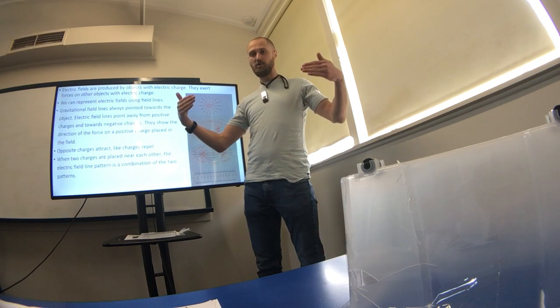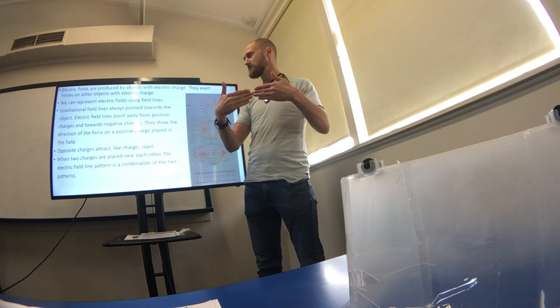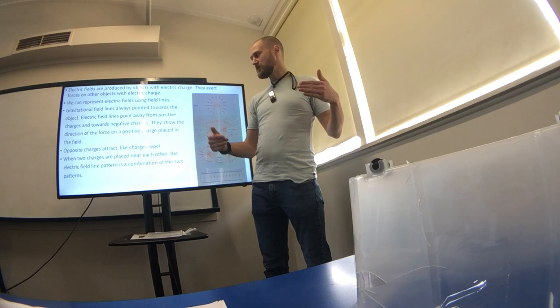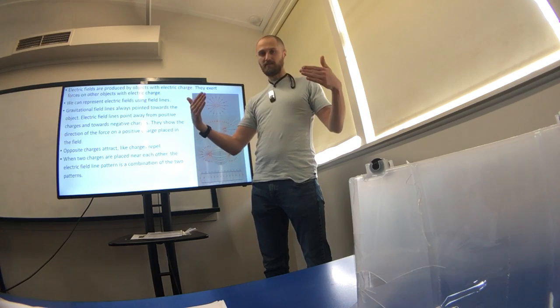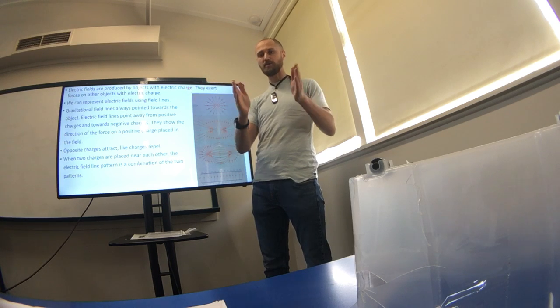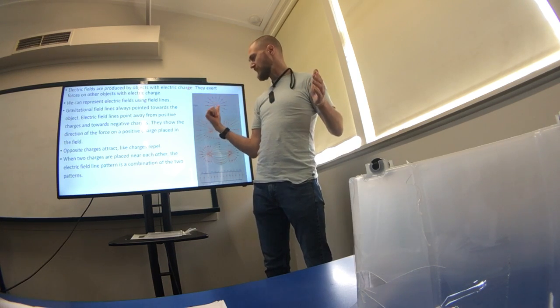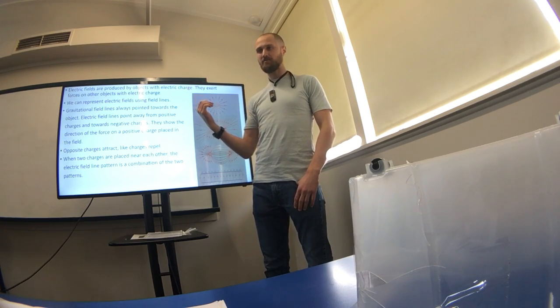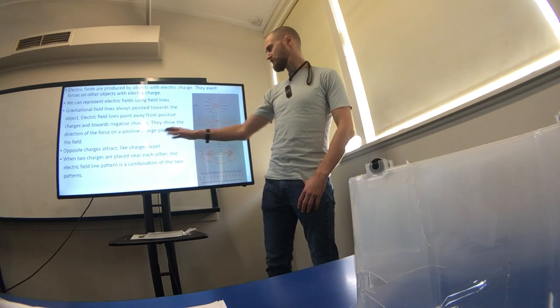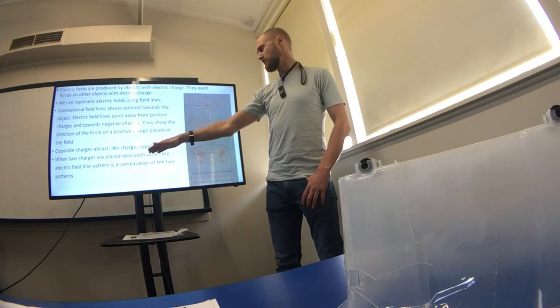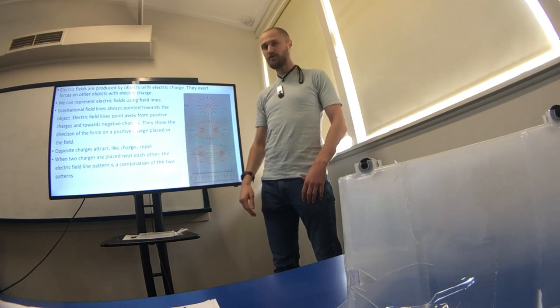Gravitational forces are always going to be two objects pulling towards each other. As you probably know, when we're talking about electric charges, opposite charges, a positive and a negative, are going to attract each other. We can also have repulsive forces, two positives or two negatives. We get that unlike how gravity works. When two charges are placed near each other, the electric field line pattern is a combination of the two patterns.